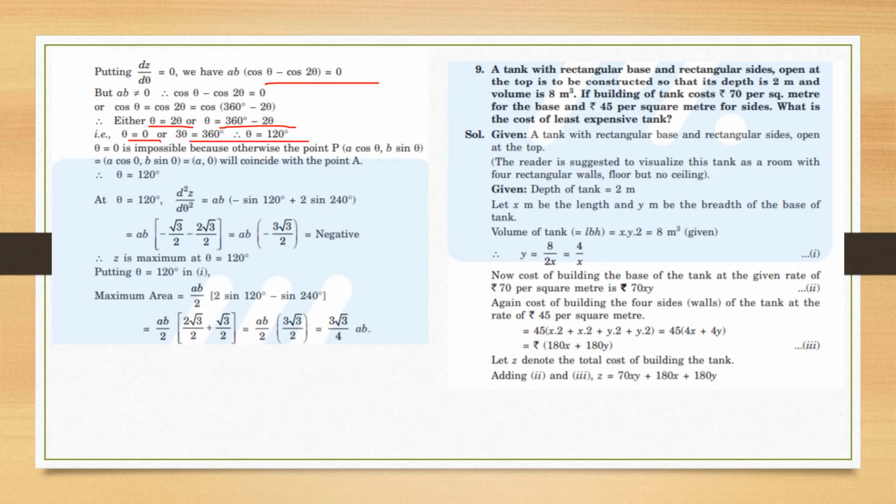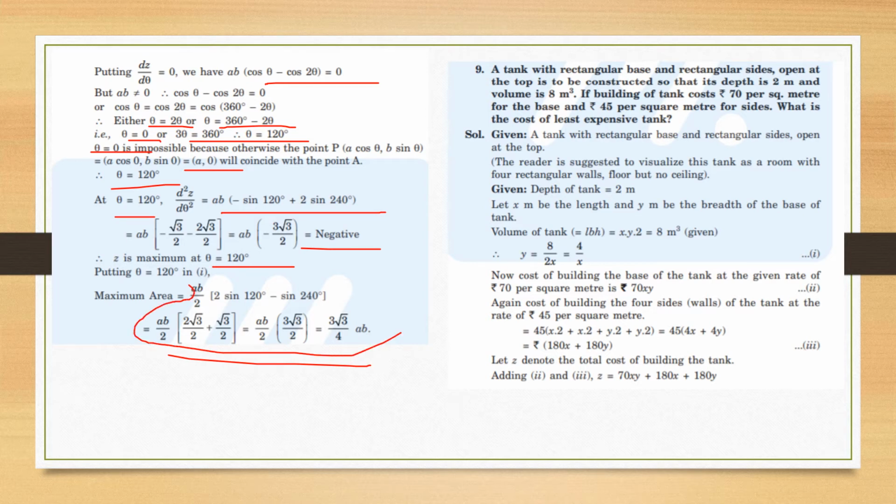But 0 is impossible, as the coordinates would then coincide with point A. So theta is 120. When theta is 120, the second derivative is negative, which means the area is maximum. The maximum area you can calculate by putting theta as 120 in your area expression, so it turns out to be 3√3 ab.